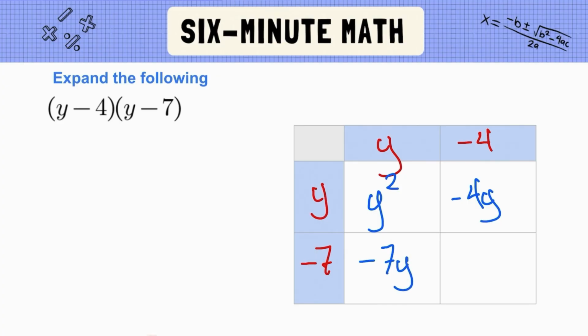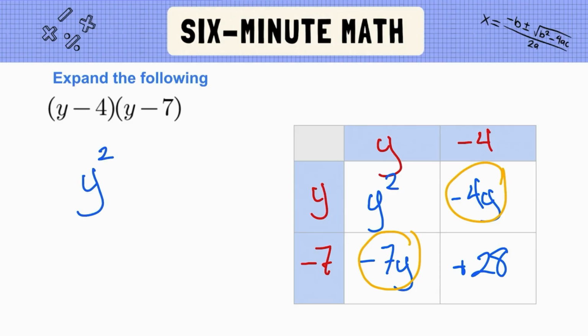And lastly, negative 7 times negative 4 is positive 28. I collect my like terms here, and I have a final answer of y squared minus 11y plus 28.